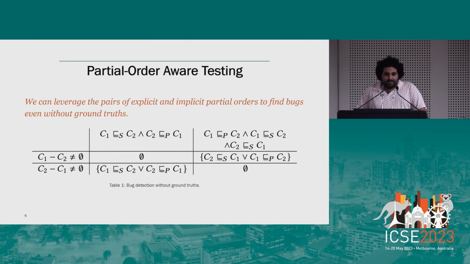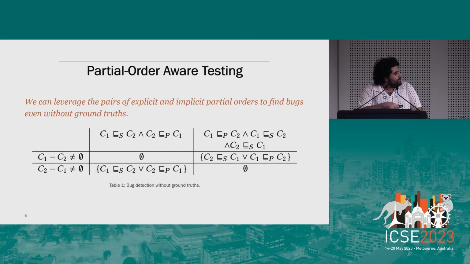So the second key insight of this work is that these implicit partial order relations that are induced by explicit partial order relations, the combination of both of them, can be used to find bugs even without knowing the ground truths. This table shows how we do that, and specifically I want to draw your attention to this cell.